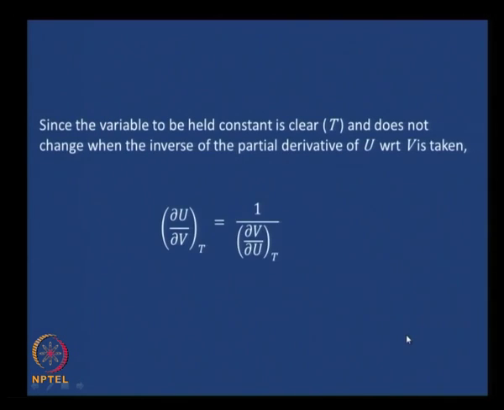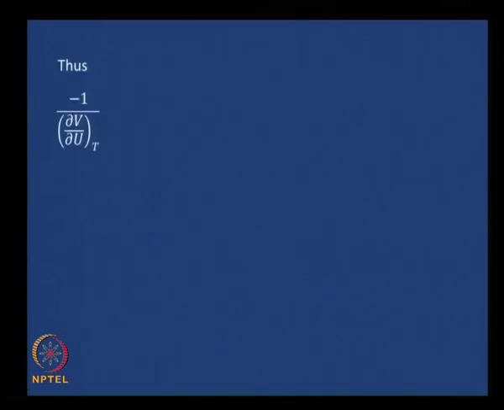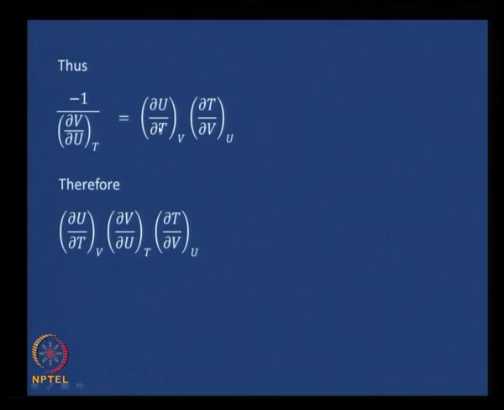And if we substitute the inverse, minus dou v dou u at constant t equals dou u dou t at constant v dou t dou v at constant u, which can be transposed as dou u dou t at constant v dou t dou v at constant u. I have just placed this in this order for a certain reason, I will tell you in a little while, times dou v dou u at constant t.